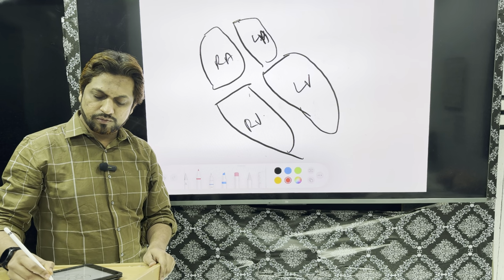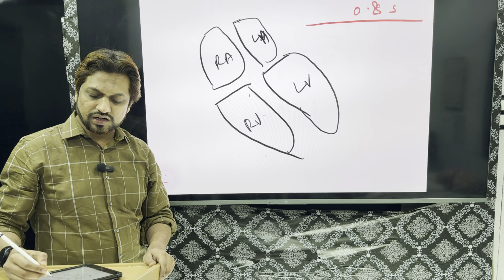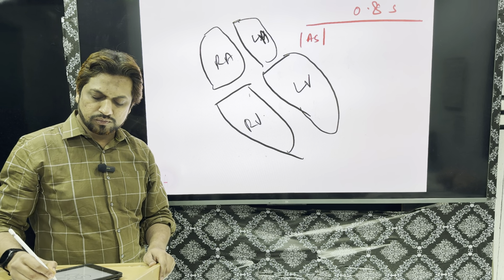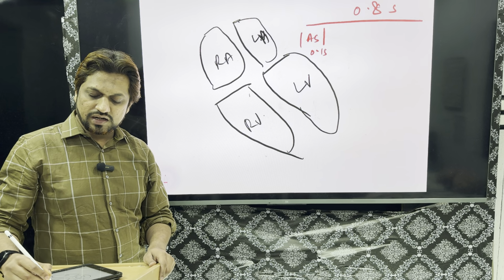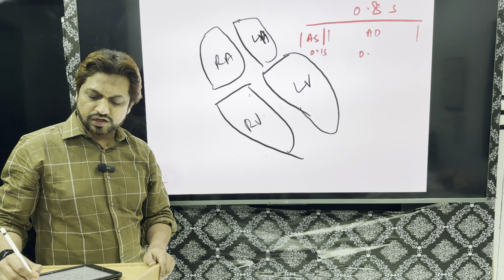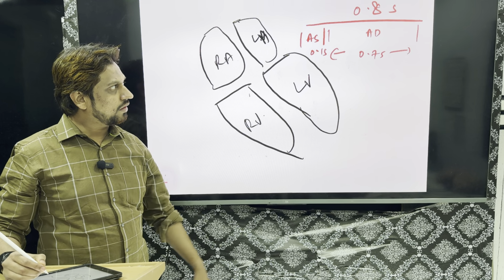It's like this. Suppose the total duration is 0.8 second, right? In that, atrial systole is 0.1 second and atrial diastole is 0.7 second.